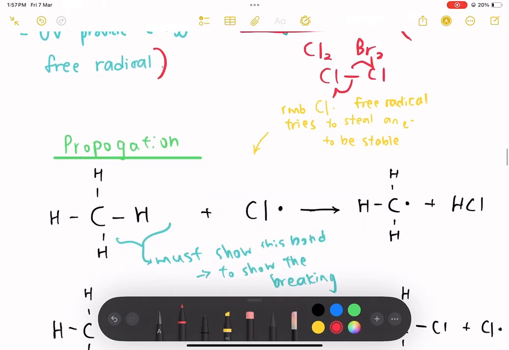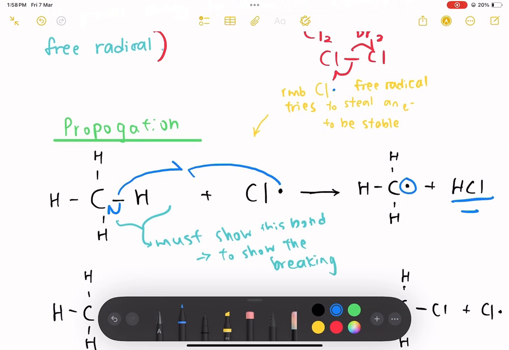So first, you need to remember that the Cl dot free radical always tries to steal one electron in order to become stable. So it steals one electron from hydrogen in order to become stable, whereas the remaining electron will be directed to this C to form this free radical.